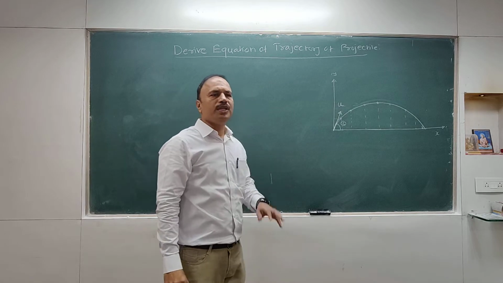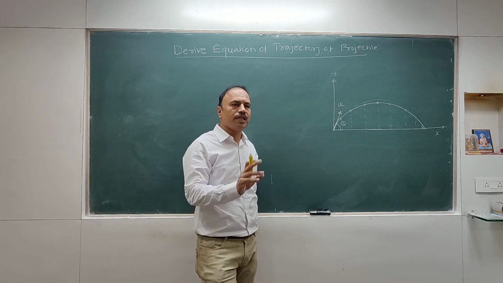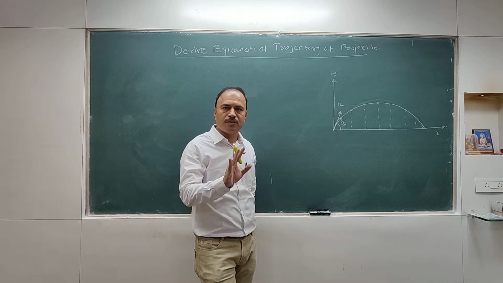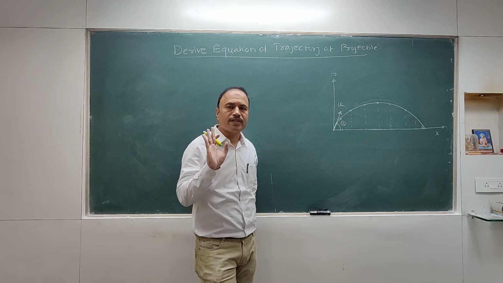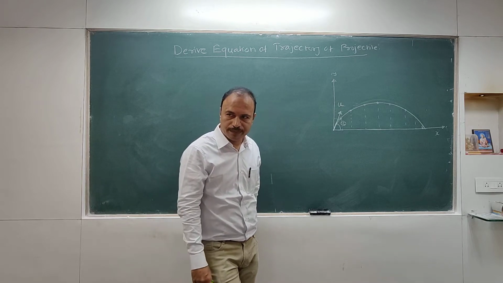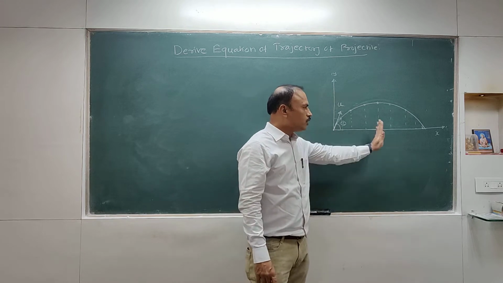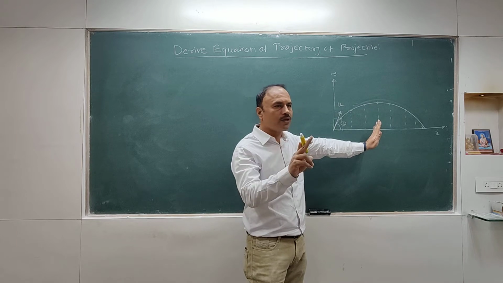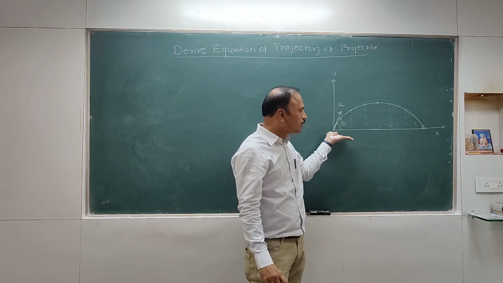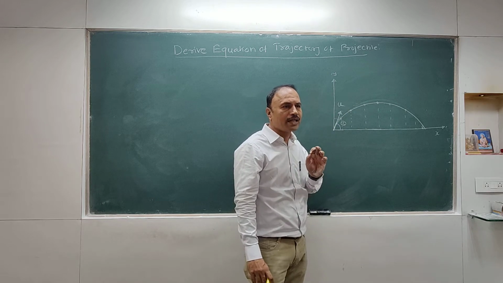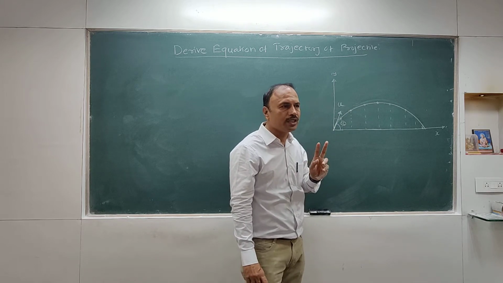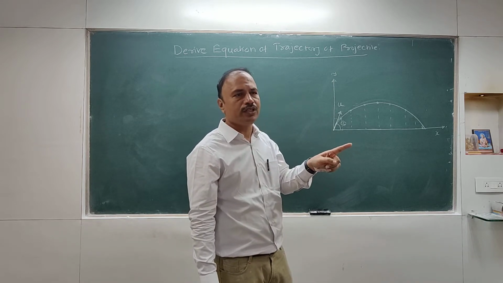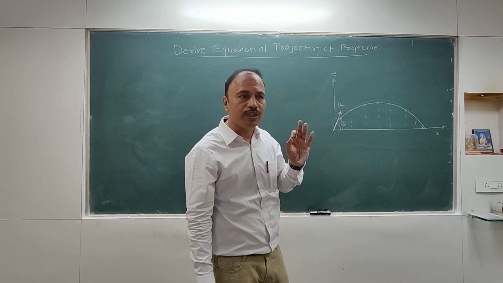Yes. So we simply find the relation between x and y coordinates. So the equation of trajectory is simply a relation between x and y coordinates, right? We treat horizontal motion with constant velocity, that means zero acceleration, and vertical motion under acceleration. Projectile motion is a combination of horizontal motion without acceleration and vertical motion with acceleration.